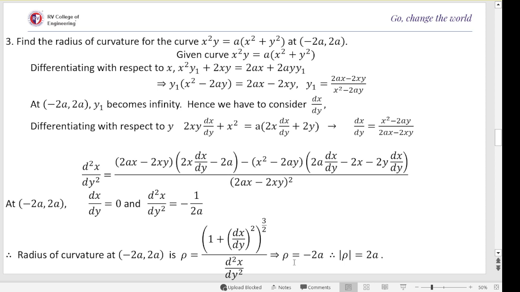So rho equal to, if you substitute dx by dy as 0, you will get 1 to the power 3 by 2, that is 1, divided by d square x by dy square, minus 1 by 2a. So you will get rho is minus 2a. We know that the radius of curvature is the magnitude of this. So rho equal to 2a.